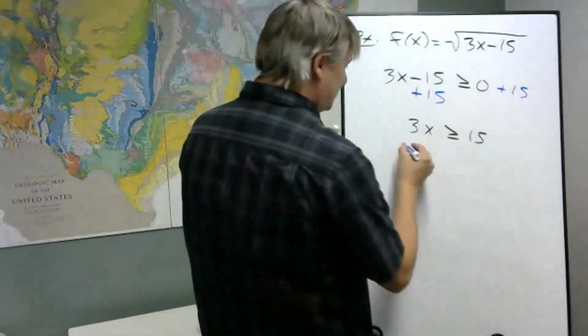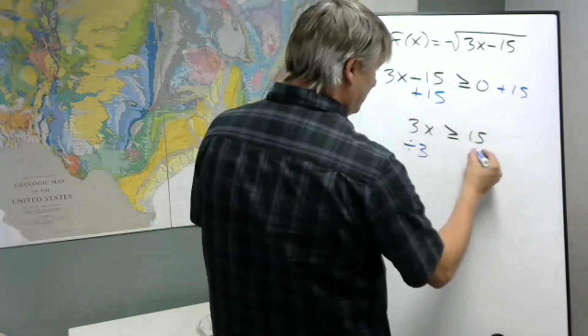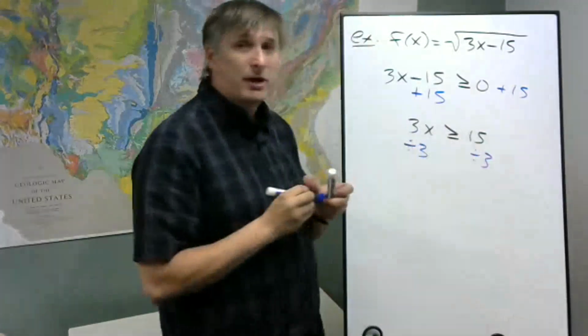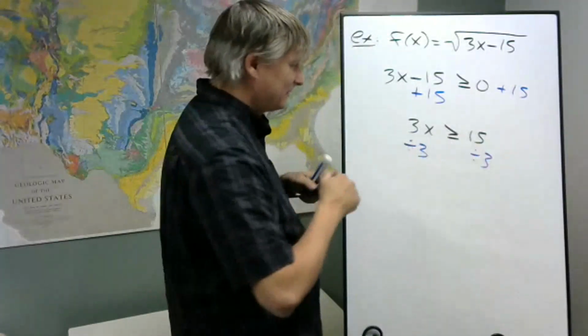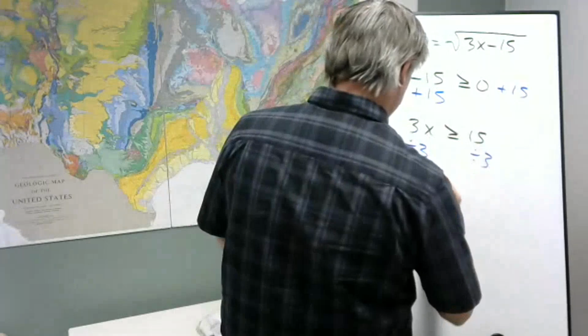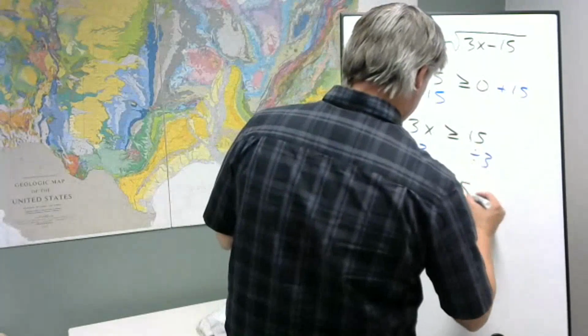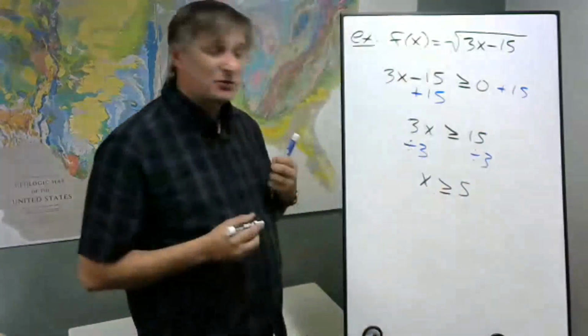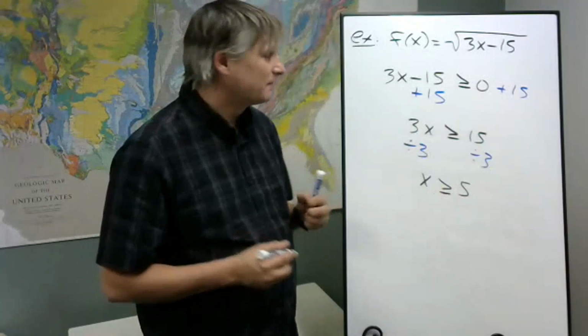Divide by 3. And since we're dividing by positive 3, it doesn't switch around our inequality. So it gets x greater than or equal to 5.